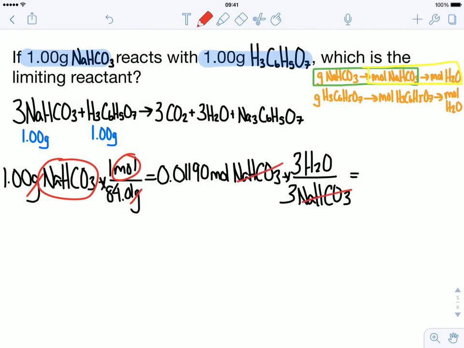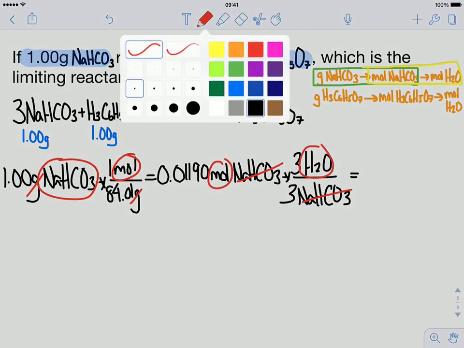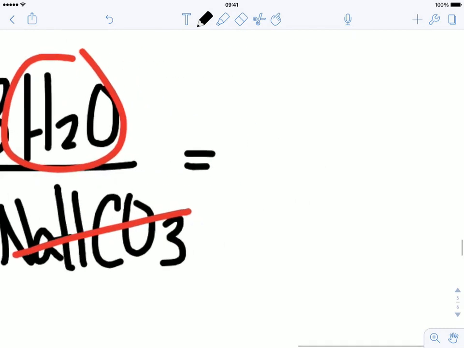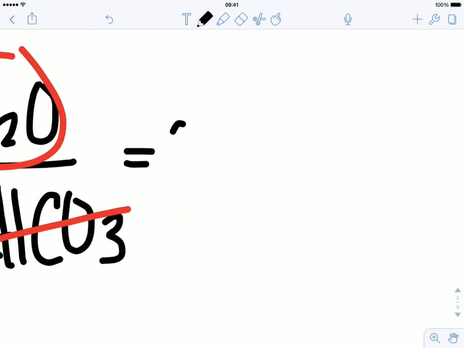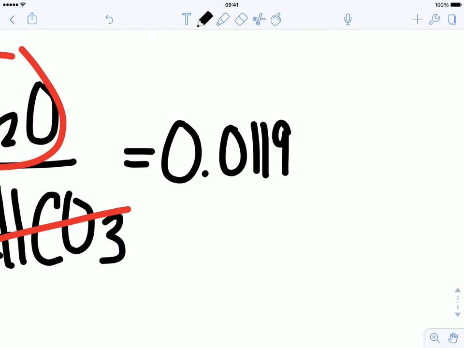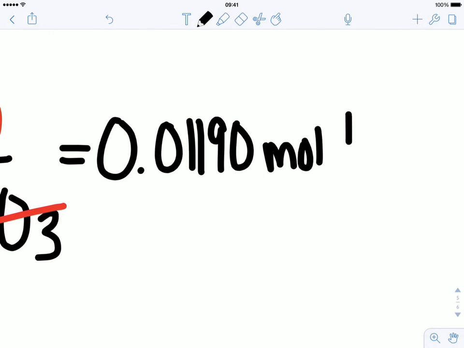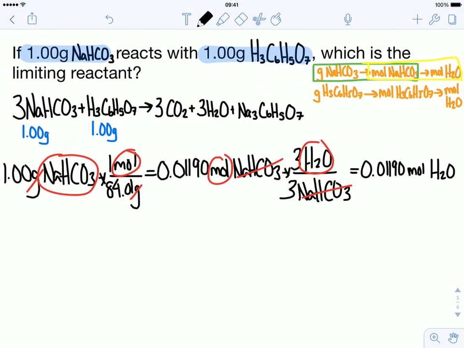NaHCO3 cancels with NaHCO3, and we're left with moles of water. So our answer is going to be the same. It's going to be 0.01190 moles of water. Okay, so we took care of this first part. We started off with grams of sodium bicarbonate, and we ended up at moles of H2O.